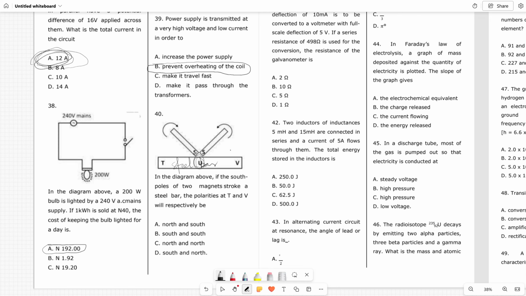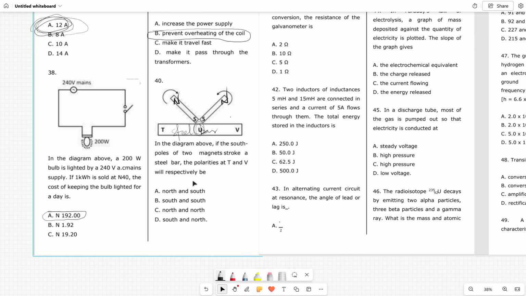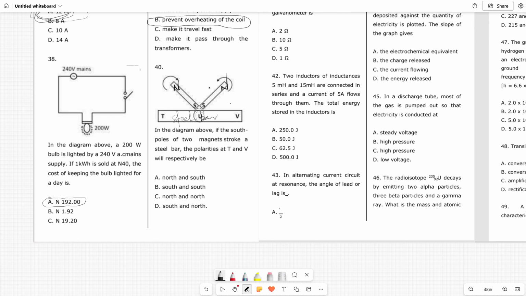You must note that as we are using this particular magnet to stroke the steel bar at this point U, the opposite end is going to take an opposite polarity. So at this point here, you expect a north pole, and also at this point here, you expect a north pole too. They're going to take opposite polarity due to stroking, that is stroking by the double touch method. So if you have those sides to be north, then you expect the answer to be option C, right?